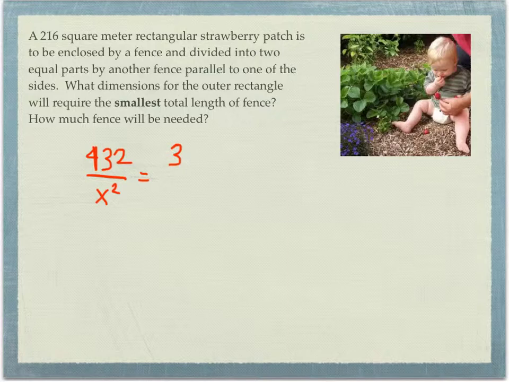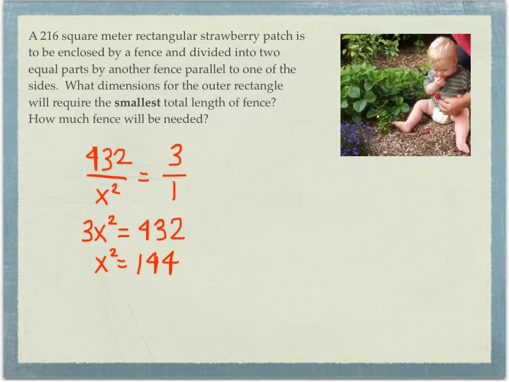Now you might notice that, having set this equal to 0, I really have a little proportion here, don't I? And you might remember from your middle school days how you can solve proportions. Do a little cross multiplying like this. So I can get that 3x squared will equal 432. I can divide both sides by 3. So I get x squared equals 144, kind of a nice number.